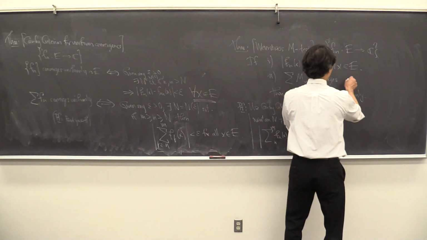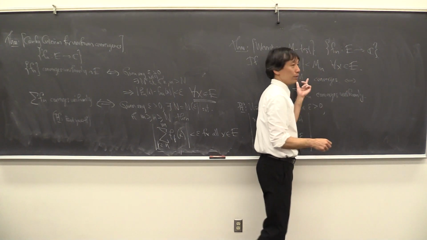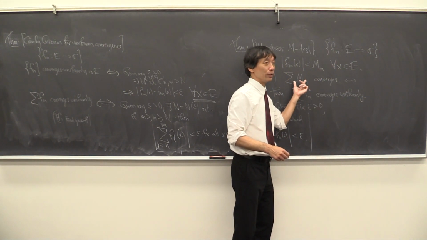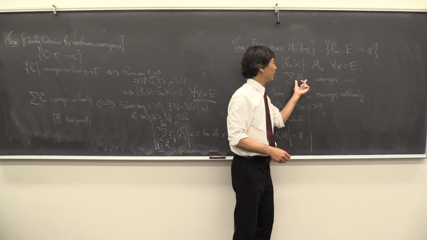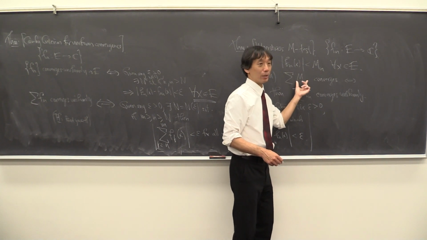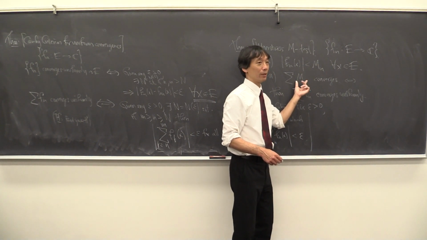So you're going to use the Cauchy criterion. Since this thing converges, we know that its tail can be made as small as we desire.